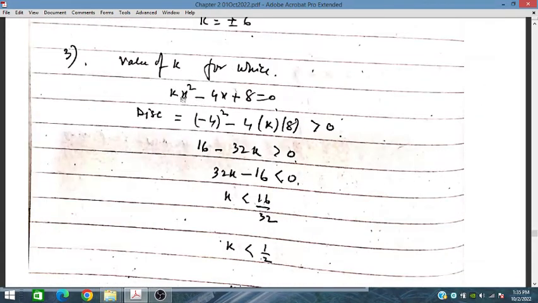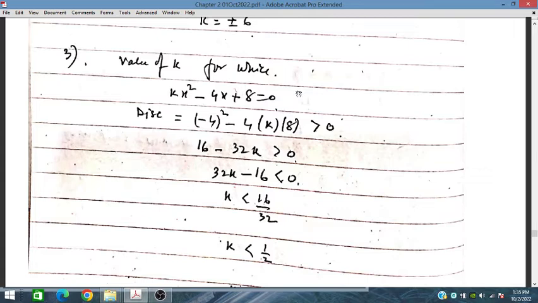If k is less than half, then this will give distinct roots. At k equal to half, this gives equal roots. So for k equal to half, this becomes 16 equals 0, so at half value, this gives you two equal roots.